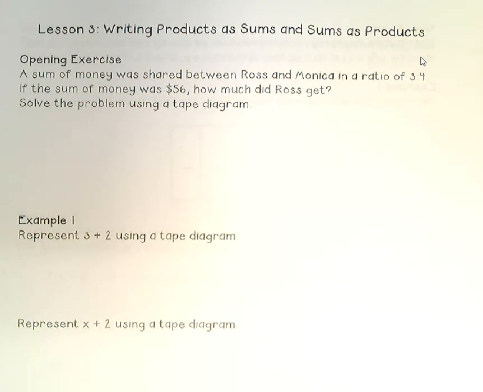A sum of money was shared between Ross and Monica in a ratio of 3 to 4. If the sum of money was $56, how much did Ross get? Solve the problem using a tape diagram.